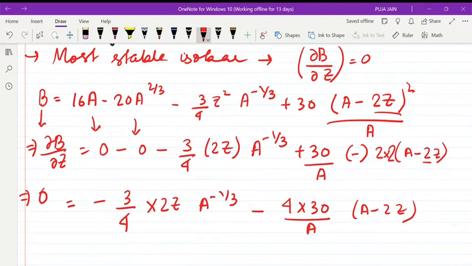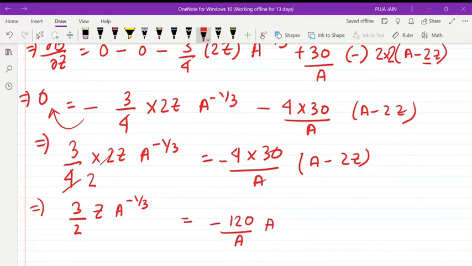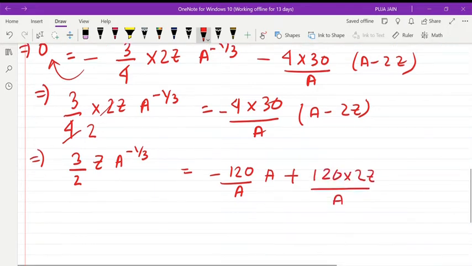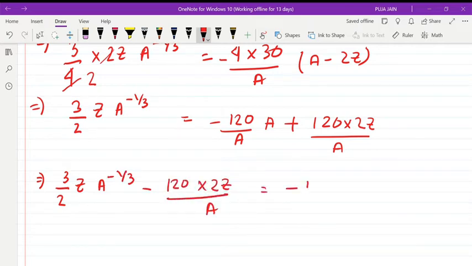Now here there is a minus sign, so this 4 and this 2 cancel out, so we are getting 3 by 2 Z A to the power minus 1/3 equals minus 120 by A. Here there is A, minus minus plus, so 120 into 2Z by A. Now the Z term we are bringing together.